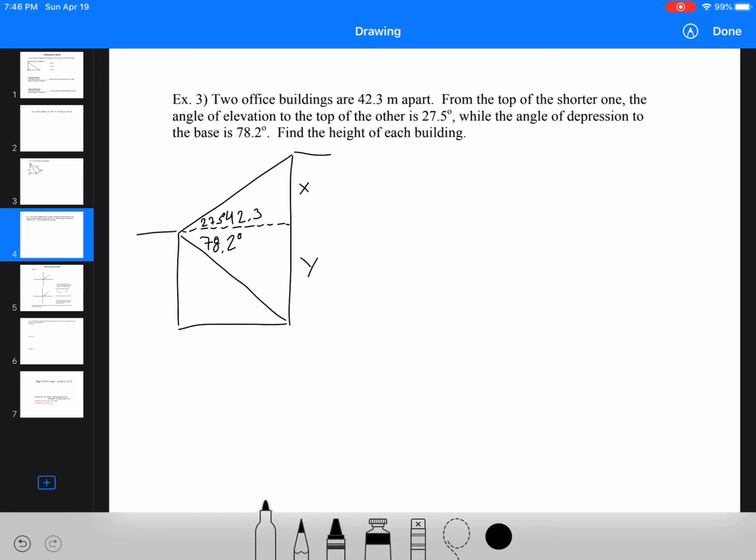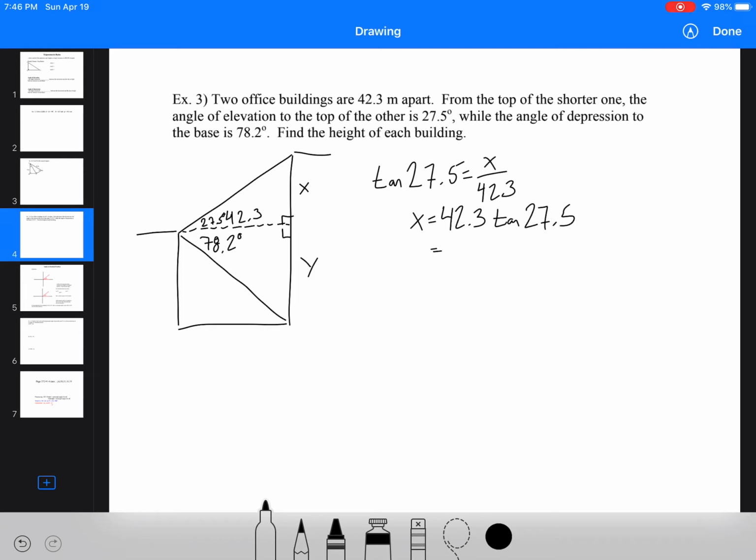Now, really quick to solve this, I'm just going to call this x and this y. Most word problems actually do use tan more often than not. Here we've got opposite over adjacent in both cases. So the top triangle is going to be tan 27.5 equals x over 42.3.